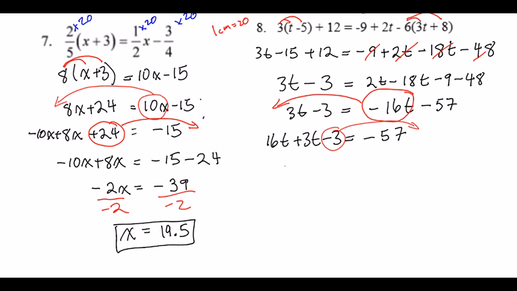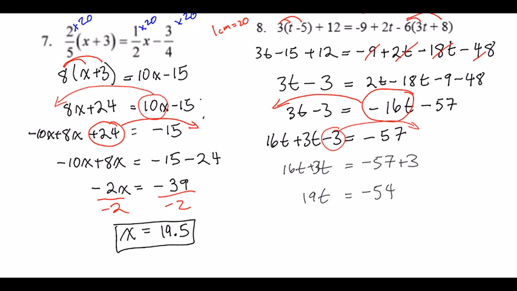And we get this 16t plus 3t equals negative 57 plus 3. And negative 57 plus 3 is negative 54. And 16t plus 3t is 19t.